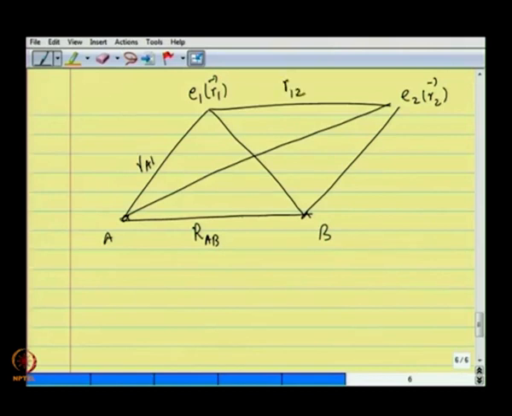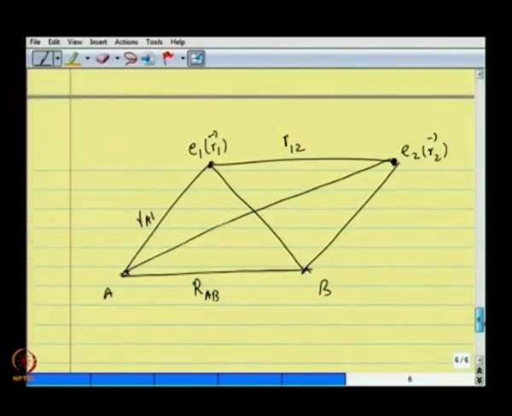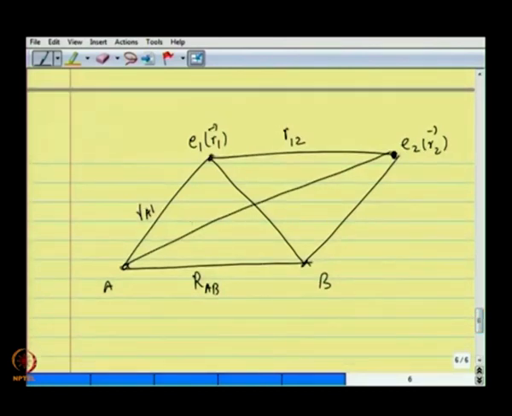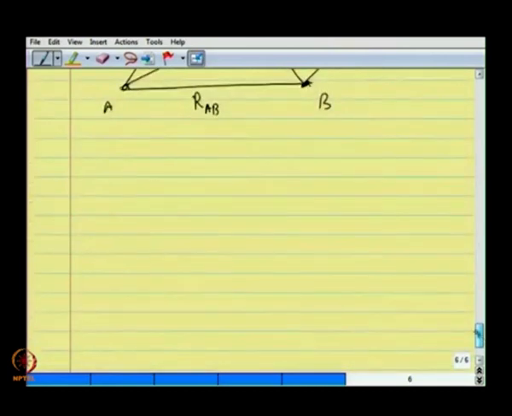This is R12, the distance between the 2 classical point charges, and then we have RA2, electron 2 from the nucleus A, electron 1 from the nucleus B, which we will write as RB1, and electron 2 from the nucleus B as RB2.